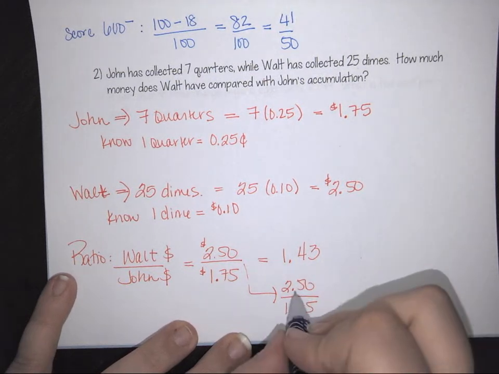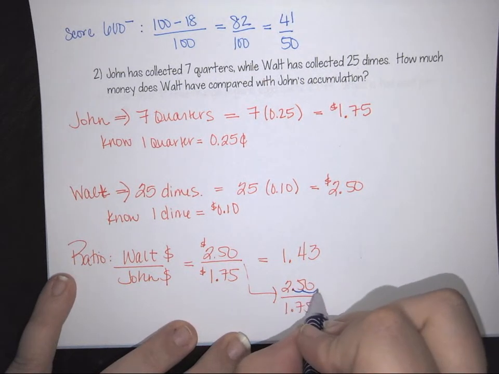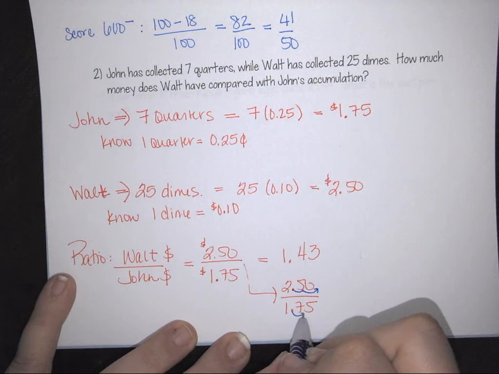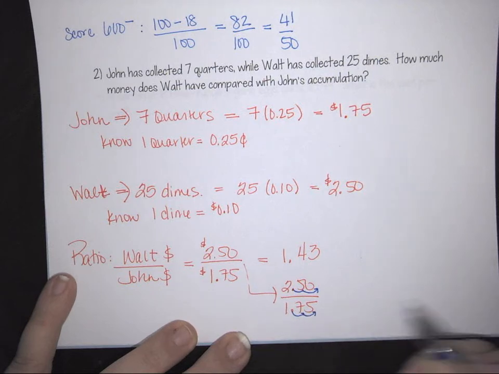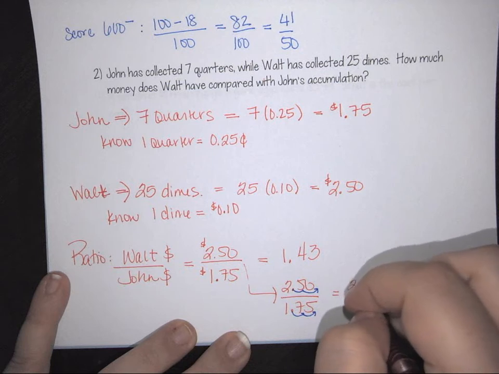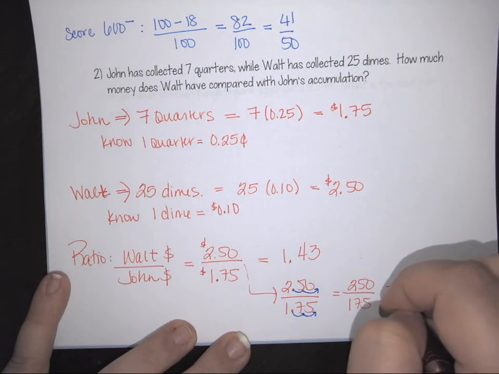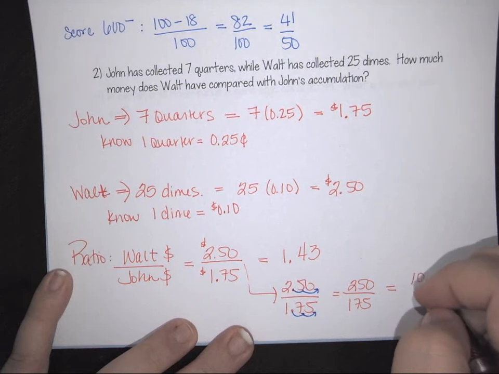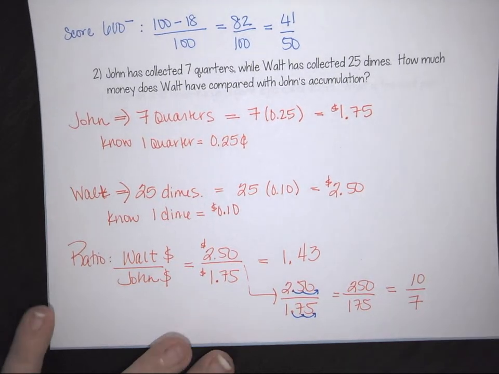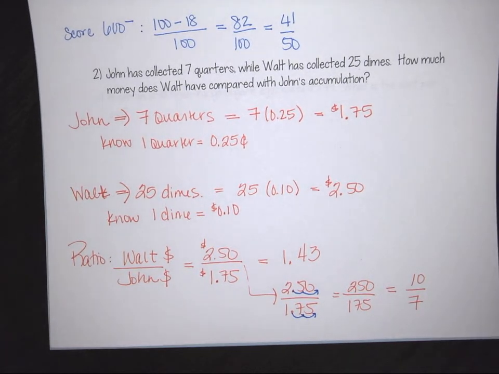So I have to take my decimal and move it twice. So I got to do the same to the bottom. So this is going to give me 250 over 175, which is going to reduce down to 10 over 7. And so this would actually be your fractional ratio.